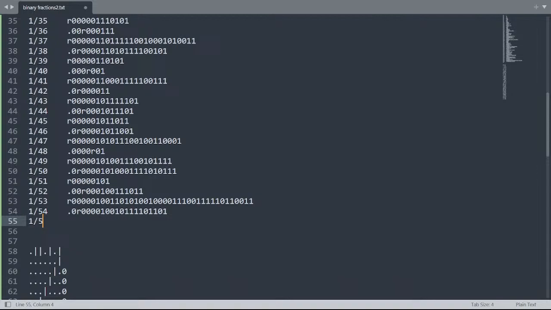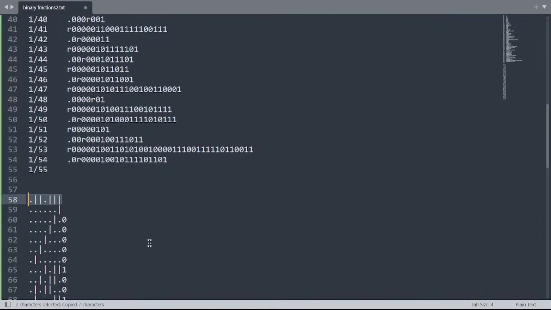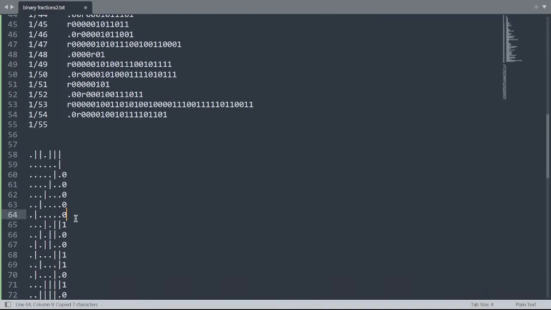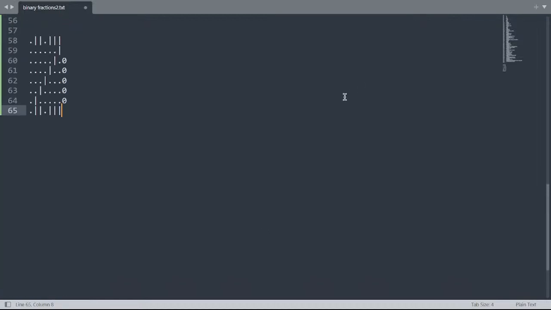Next we have 55. Yes, another magic sequence. Here we go. Flip the 2-bit. We go again. So we do a big one of these. Yep, and then we do a big borrow, of which these two are 0.